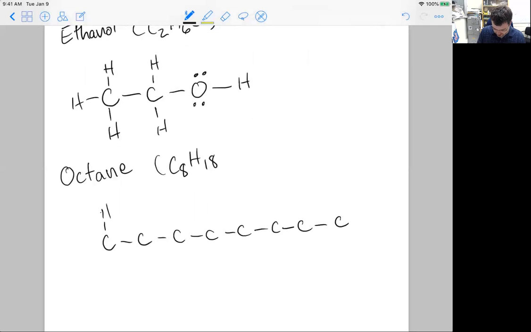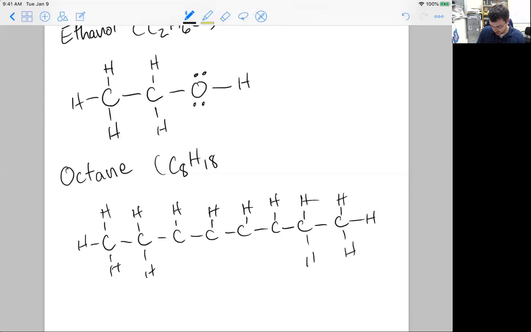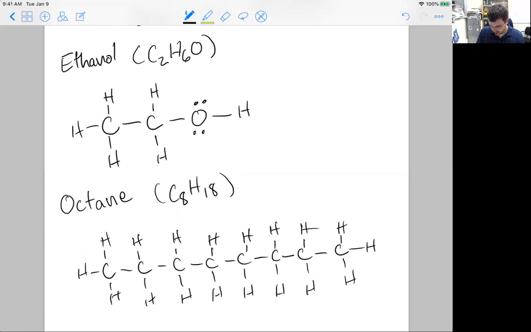So it turns out that we just write the hydrogen atoms around the carbon atoms, however we want to do it. And if every carbon has 4 things attached to it, 1 or 2 of which could be carbon and the other 3 or 2 of which could be hydrogen, we get to 18 hydrogens. All of the carbon atoms have an octet. All of the hydrogens have an octet. So we have 2 molecules.